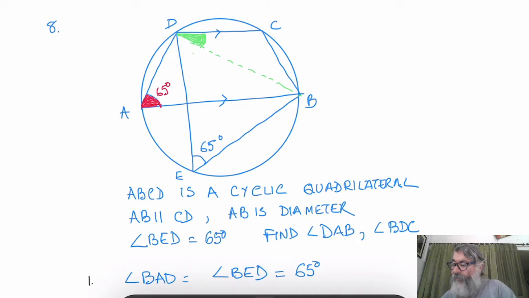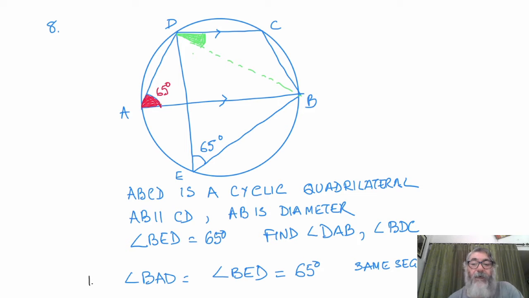Why will this angle be 65 degree? Angles in the same segment of a circle are equal.